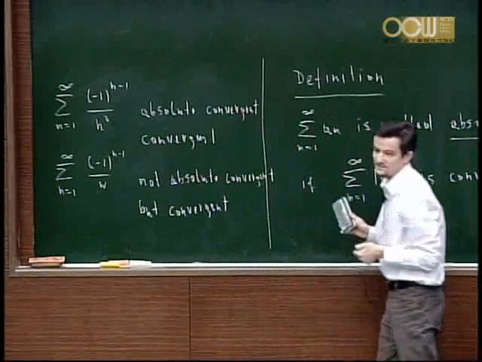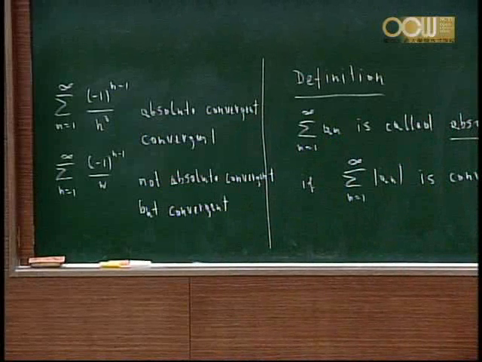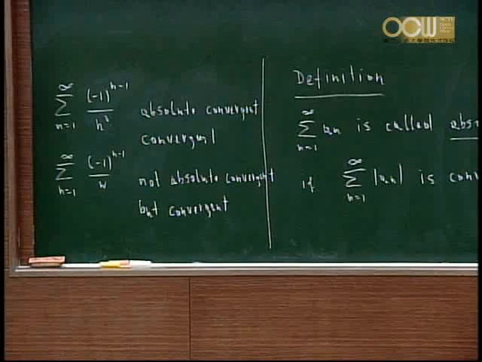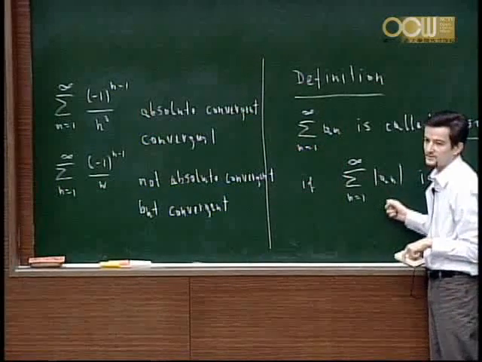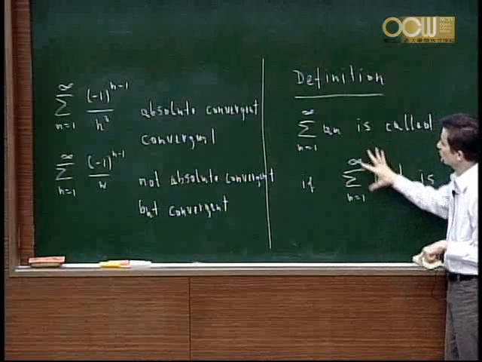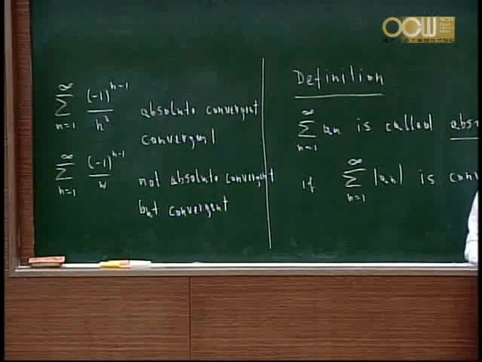And this is the real reason why we look at this notion. Because we give this series a property if this related series is convergent. If absolute convergence did not imply convergence, it would be useless to give such a definition.